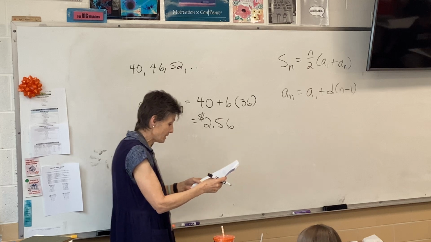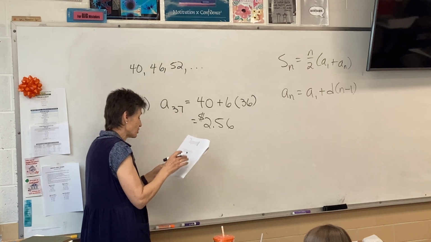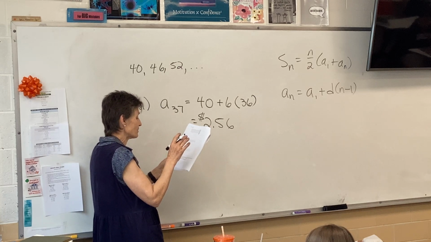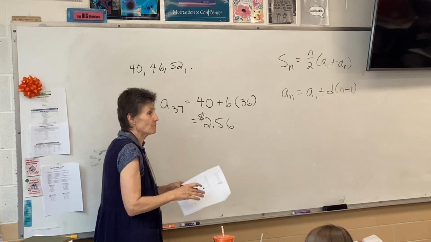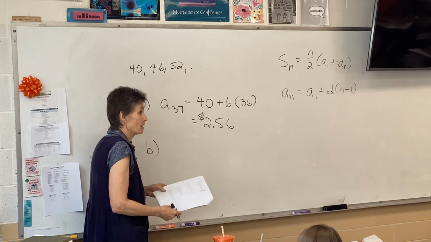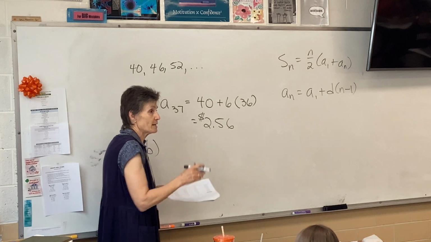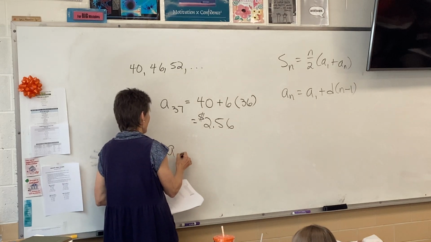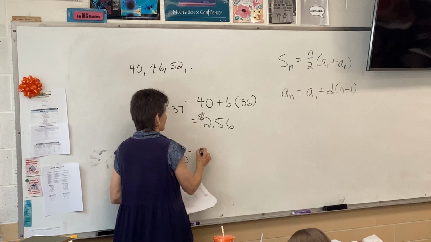And then question B, how much will he have set aside after saving for 100 days? Elijah says find the 100th term.